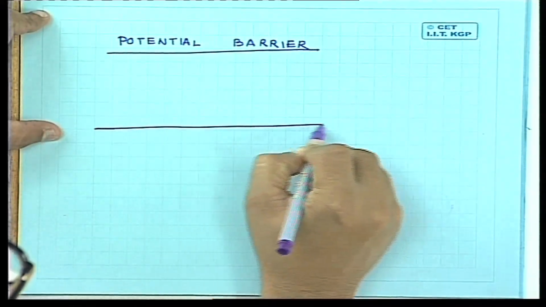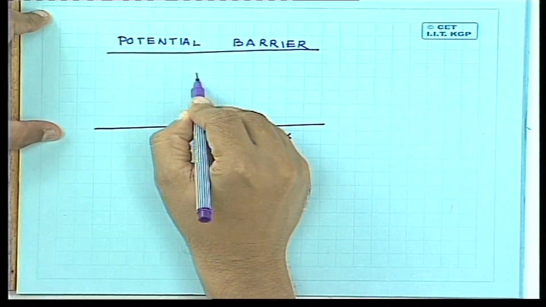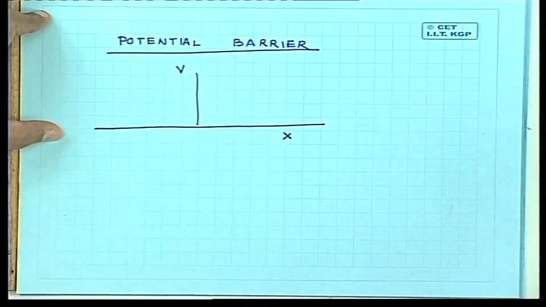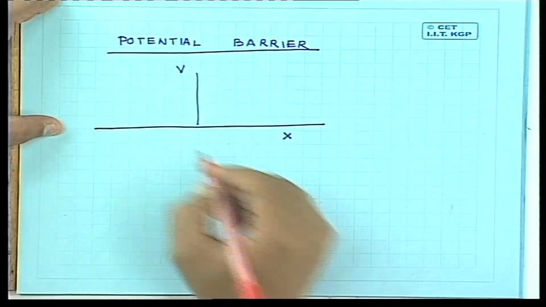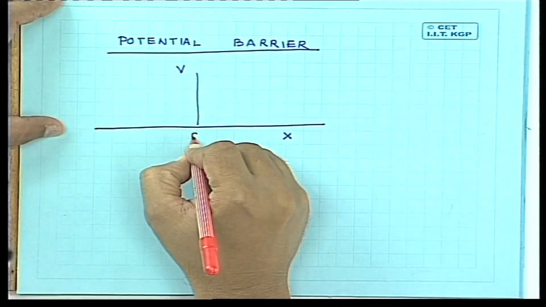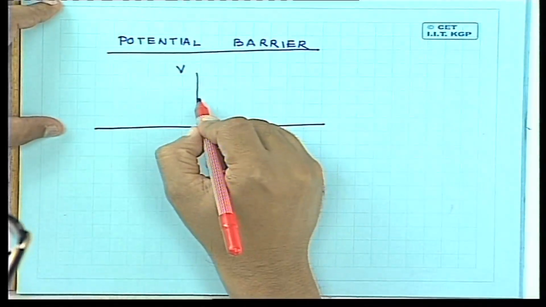So this is again a one-dimensional problem, and I'm plotting the potential V of x versus x. The potential is 0 for x less than 0, and then it suddenly jumps up to a certain value.